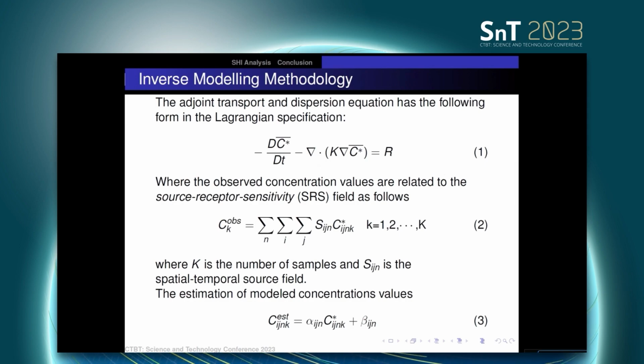You can't make an inversion for this equation, but we can vectorize, and for each grid we make some correlation and estimate the concentration based on the SRS field at that grid and the observed concentration. So we can estimate the source, like equation 3.